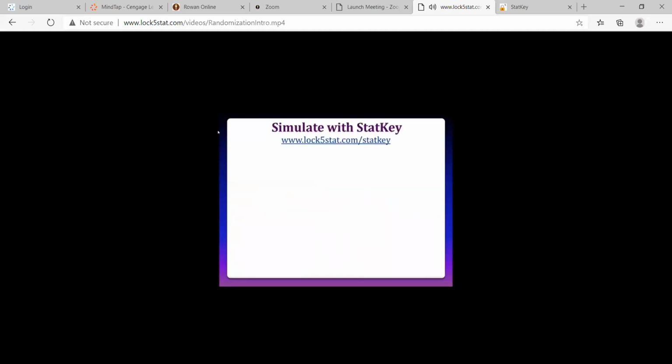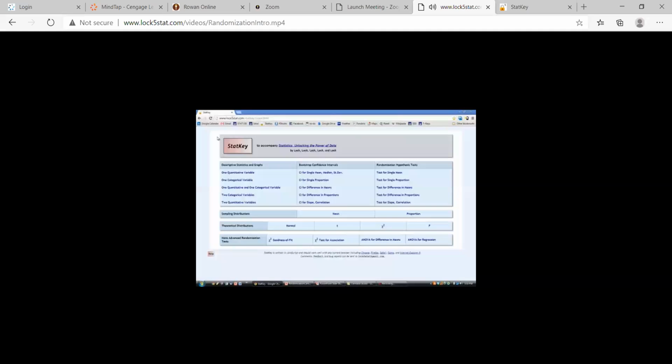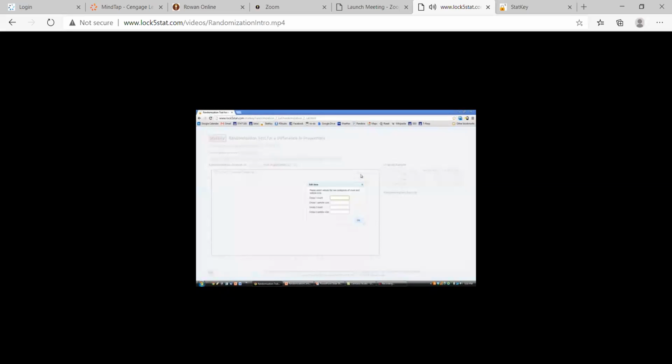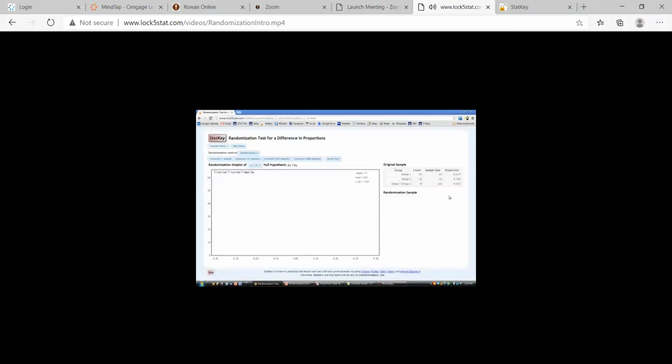So we're again going to turn to StatKey, and now we're doing a test for difference in proportions. So in the original data, we had 10 out of 24 relapsing under the new drug and 18 out of 24 relapsing under the old drug. And we see our difference in proportions of -1/3.